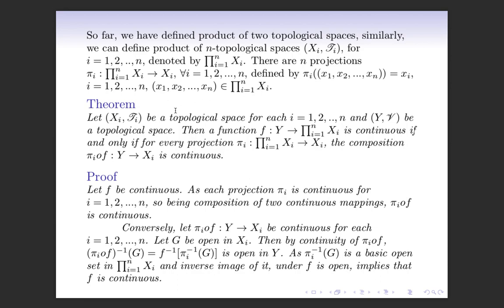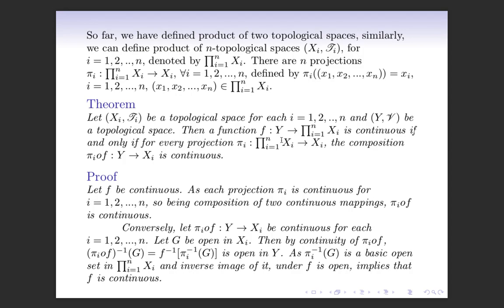Now we shall prove a theorem. Let X1 T1, X2 T2 up to Xn Tn be topological spaces and Y be some other topological space. Then a function f from Y to this product space is continuous if and only if for every projection pi I, the composition of pi I and f, which is from Y to Xi, is continuous.